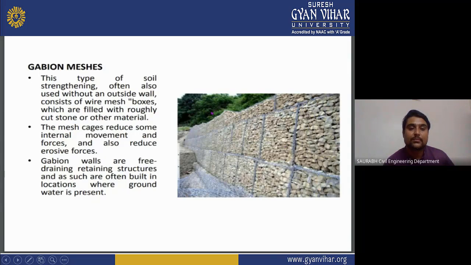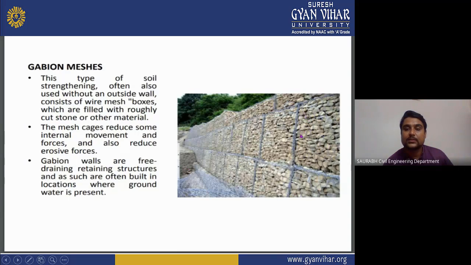Now we will see gabion meshes. This type of soil strengthening is often also used without an outside wall. It consists of wire mesh boxes which are filled with roughly cut stone. Another material, as you can see, is your mesh of reinforcement which is a retaining wall.